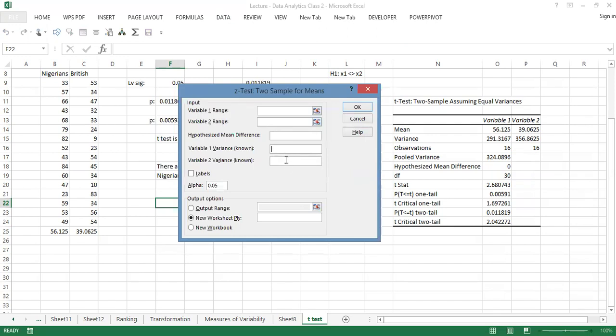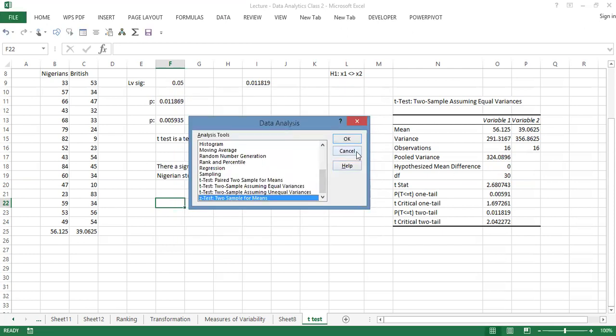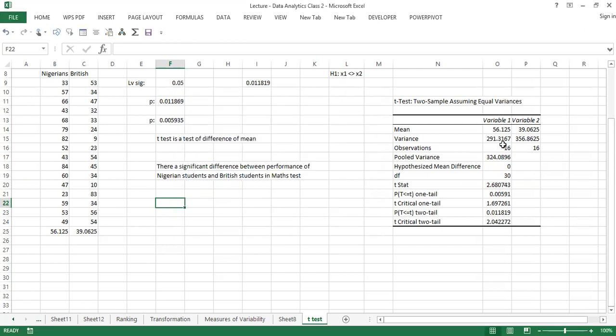You have to know the variances in order to do a z-test, right? So that's one of the reasons why the t-test is more convenient. In the case of the t-test, you don't need to supply the variance.